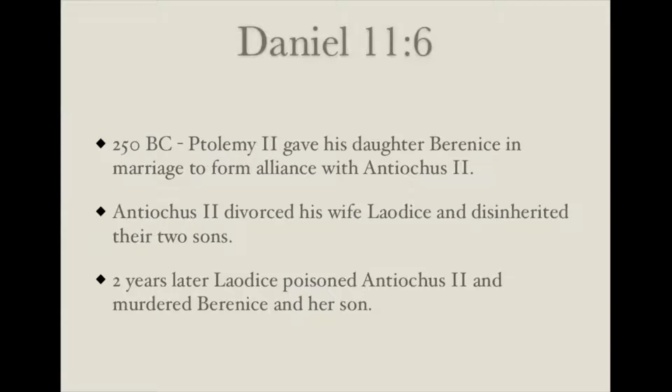So, like I said, these things that Daniel writes and predicts are pretty detailed. That's why a lot of scholars ask, are you sure this was written hundreds of years before this happened? Anyway, that's what happened.